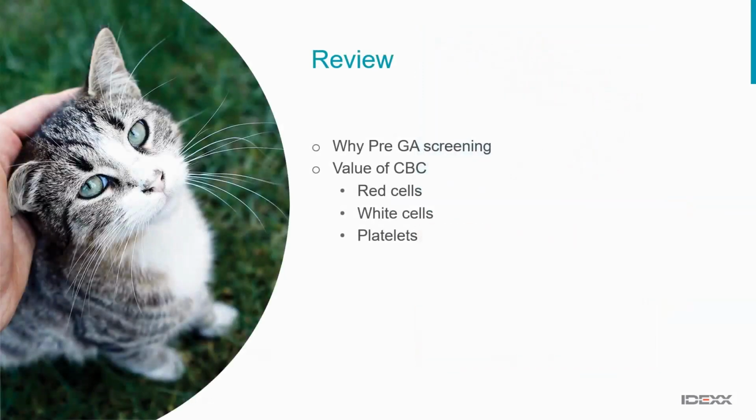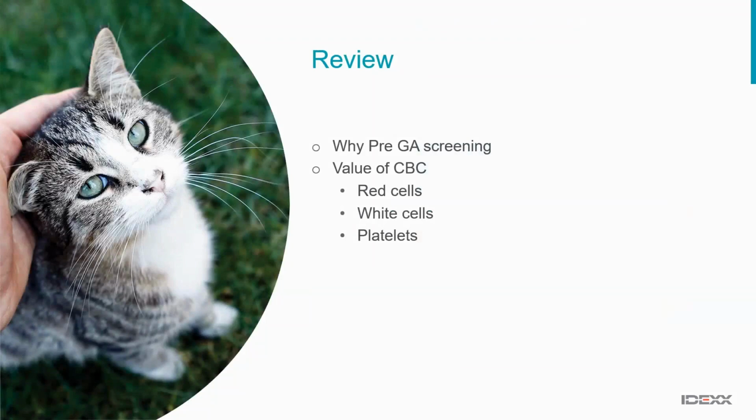So in review, I think we do pre-anaesthetic screening to try and make sure we can't see any underlying diseases or risks that might affect the anaesthetic. When we look at a CBC in a pre-anaesthetic screen, it's giving us an extra layer of information over just doing a PCV and TP.